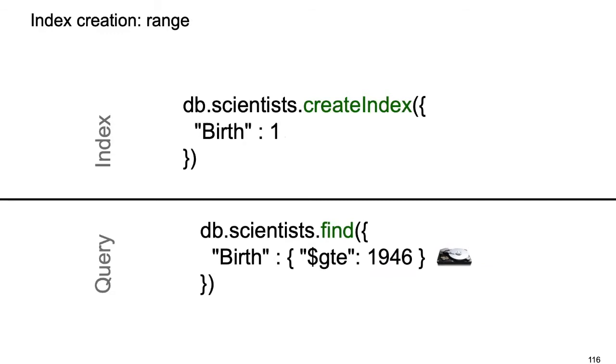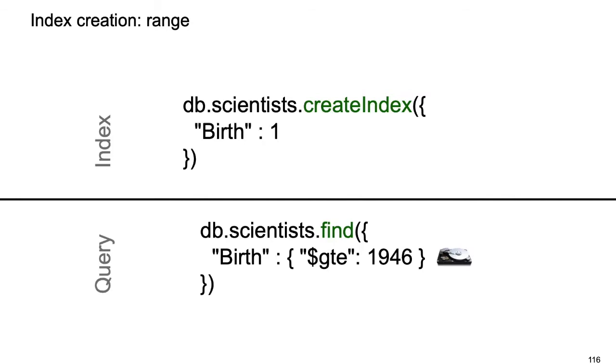Okay. Now, with a 1, that's a tree index. So it supports range queries. So since we have ordered birth in a B tree, then we can look up all the objects where the birth is after 1946. Again, it's not going to be O of 1, it's logarithmic, plus it's an entire interval, but at least you don't have to scan the entire collection, right?